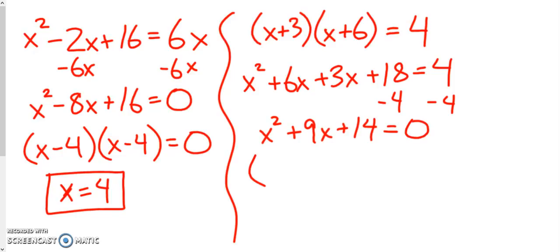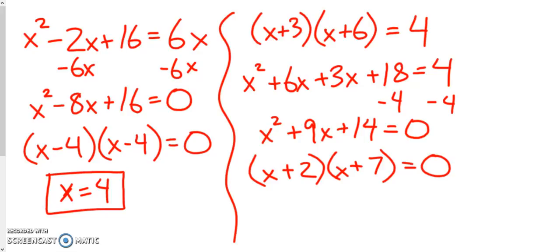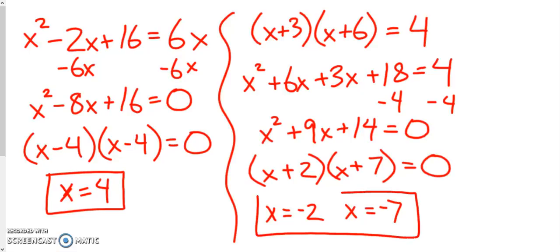I factor it. What adds to give me 9 and multiplies to give me 14? 2 and 7. So x equals -2 and x equals -7. There you have it.